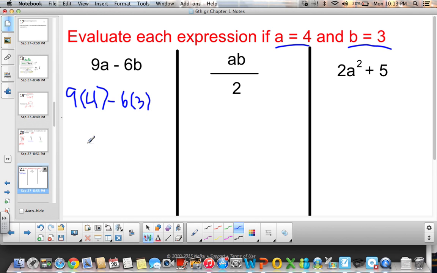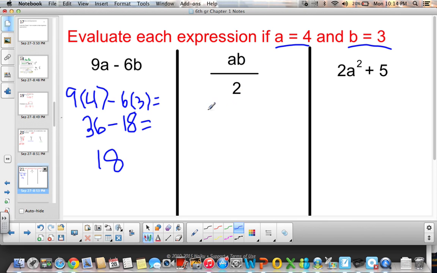So 9 times 4, then we know is 36 minus 18, because we do our multiplication first. 36 minus 18, let's put our equal sign, would be 18. So 9a minus 6b equals 18 when a equals 4 and b equals 3.